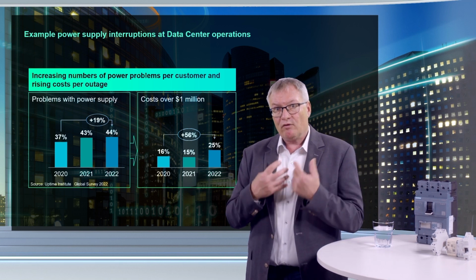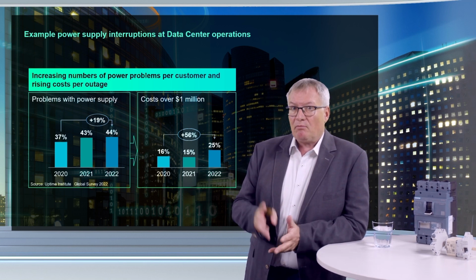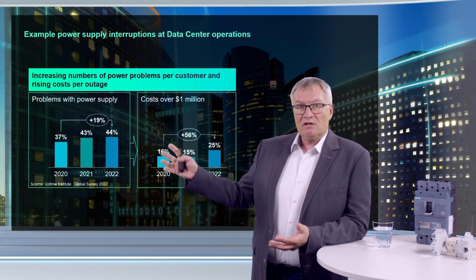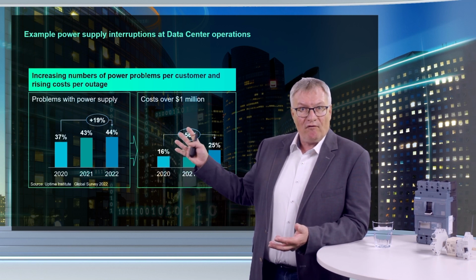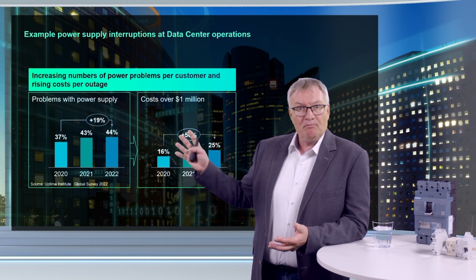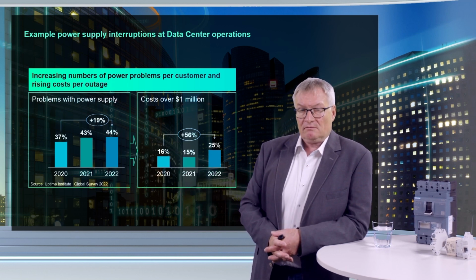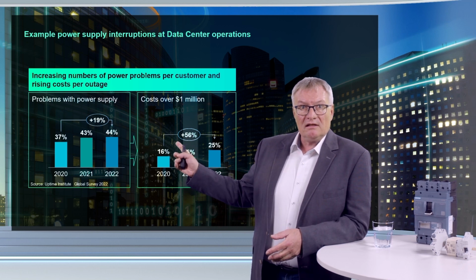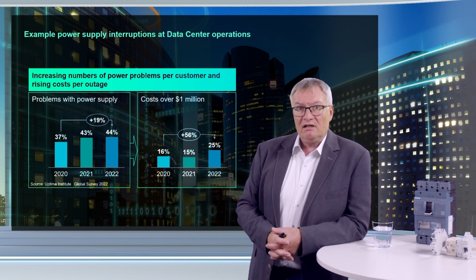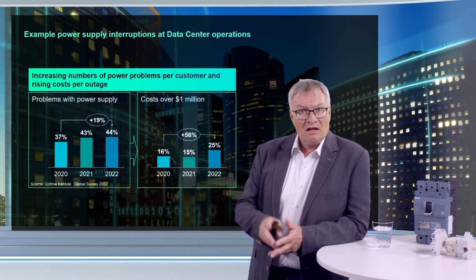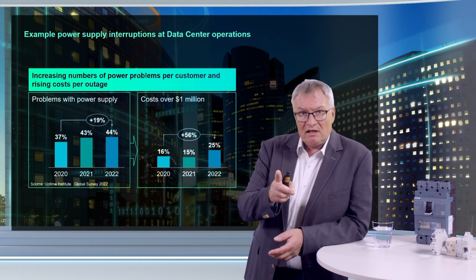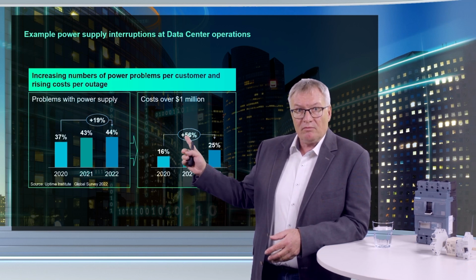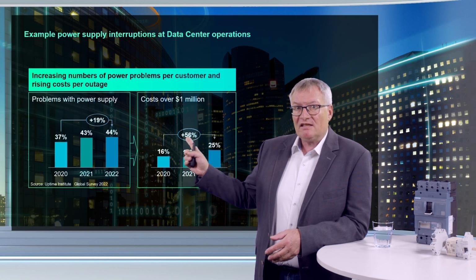What is surprising for me is the statement about the cause: problems with power supply with a share of 43 and 44% respectively in the last 2 years. In addition, the statistics identify an extremely high increase in downtime costs, greater than $1 million, in the same period. Here, the increase of costs per failure is 56%.